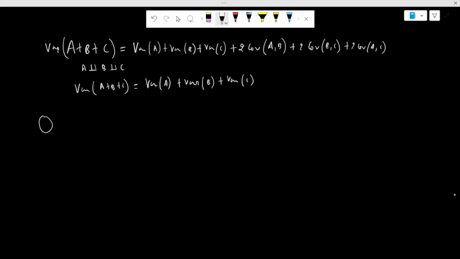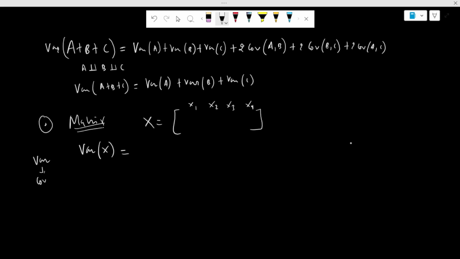Now let us consider the case of a matrix. How do we calculate the variance when we have a matrix? Let us say matrix X contains variables x1, x2, x3, x4, and so on. How do we calculate the variance of X? In a matrix, once we calculate the variance, we get the information on variance as well as the covariance.